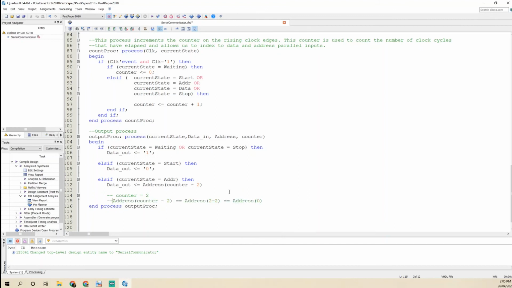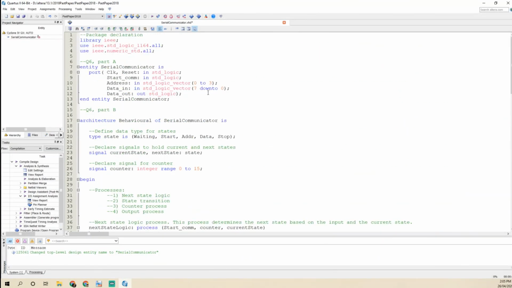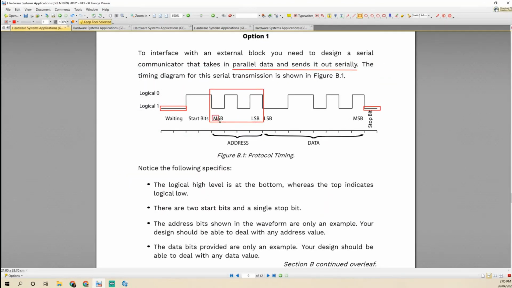And remember, address 0 is going to be our most significant bit, because we declared this port to be of vector width 0 to 3. Therefore, address 0 gives me my most significant bit. And that is where the whole concept of 0 to 3 versus 7 down to 0 comes into play, because I want to send out the most significant bit first.